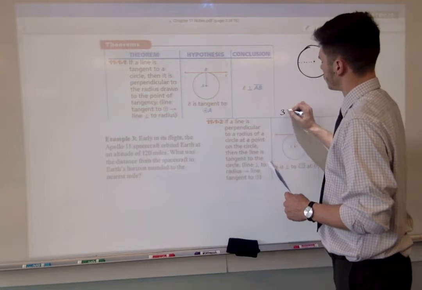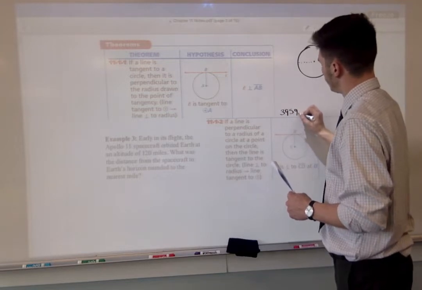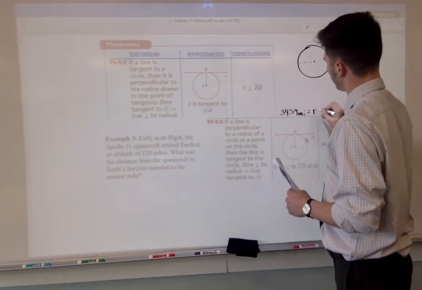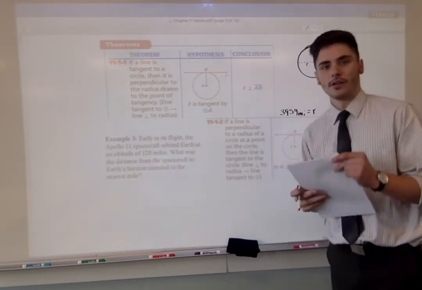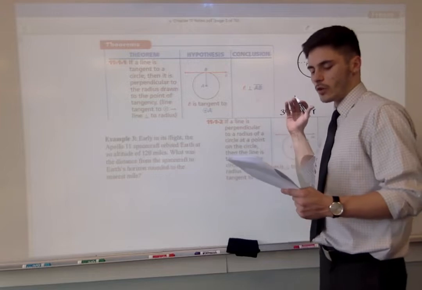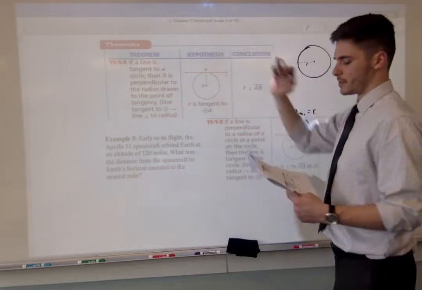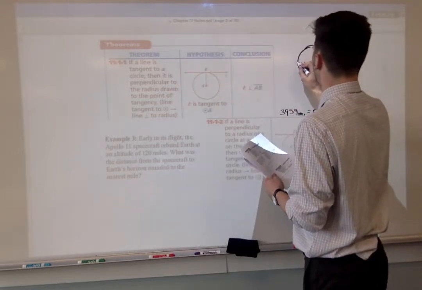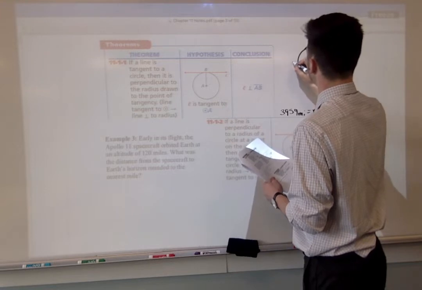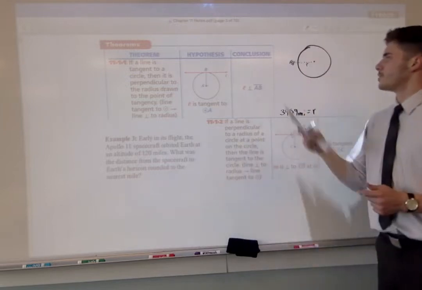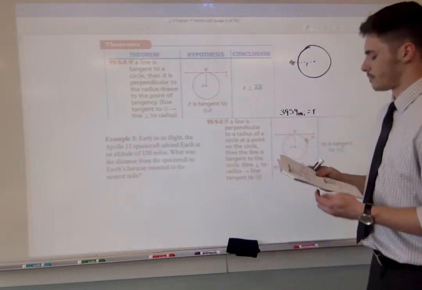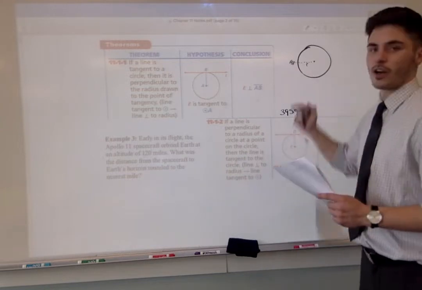So 3,959 miles equals radius. And then from there, we know that 120 miles further is Apollo 11. I don't know why I drew a satellite, but there's my Apollo 11.